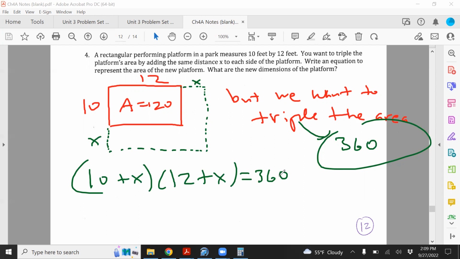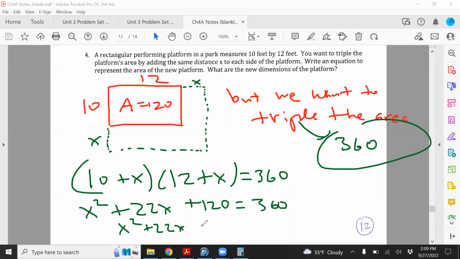Okay, now you get x squared plus 22x plus 120 equals 360, so x squared plus 22x minus 240. How are we gonna do this one? Hold on a sec.